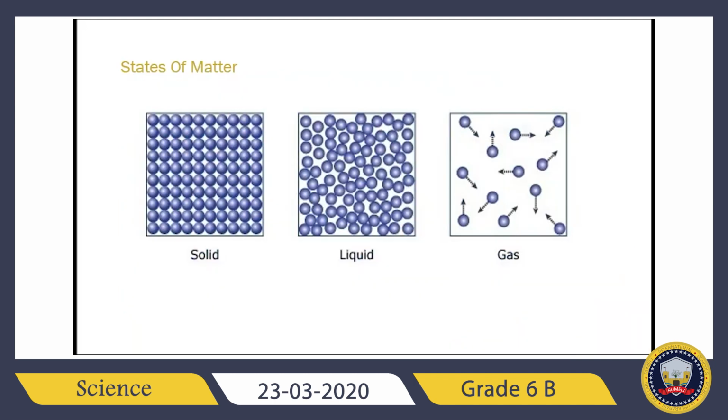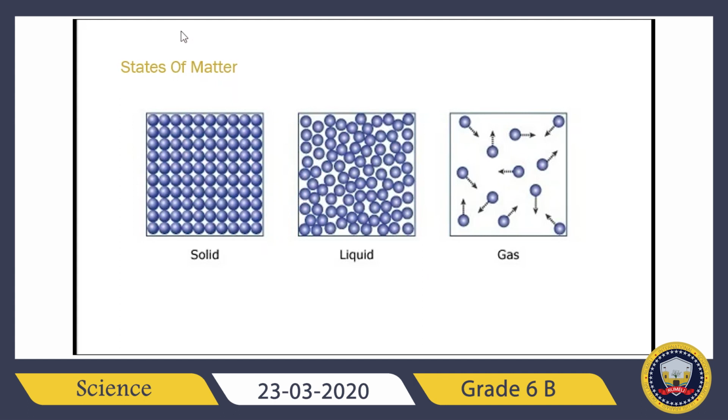It depends on the arrangement of the tiny particles that each of these states are made of. So again, the arrangement of the particles for each state of matter is different, and this arrangement will result in different motion and different properties.